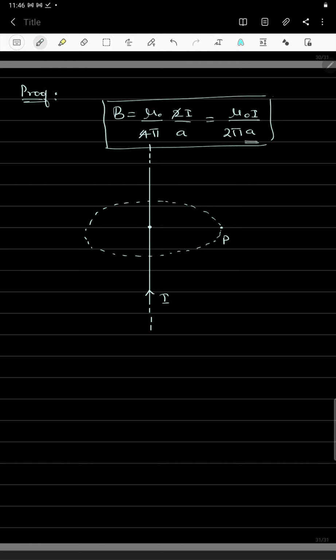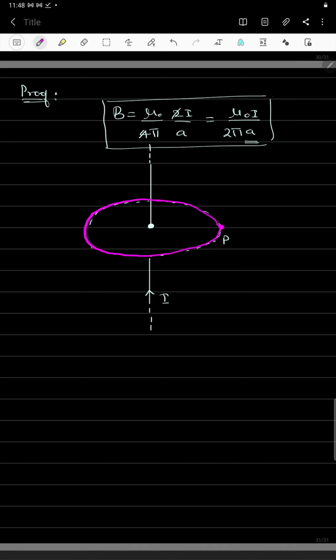Now we'll draw neatly one Ampere circuital loop. I will take a different color here. This is the Ampere circuital loop, which overlaps the magnetic field loop.